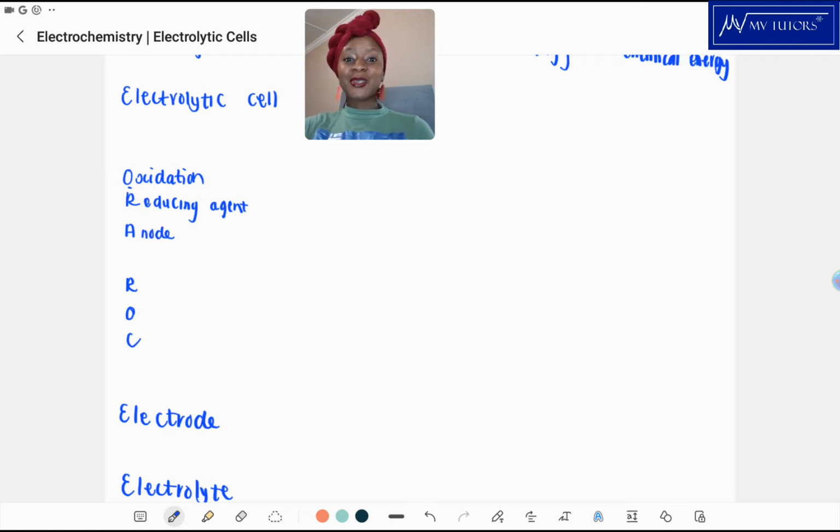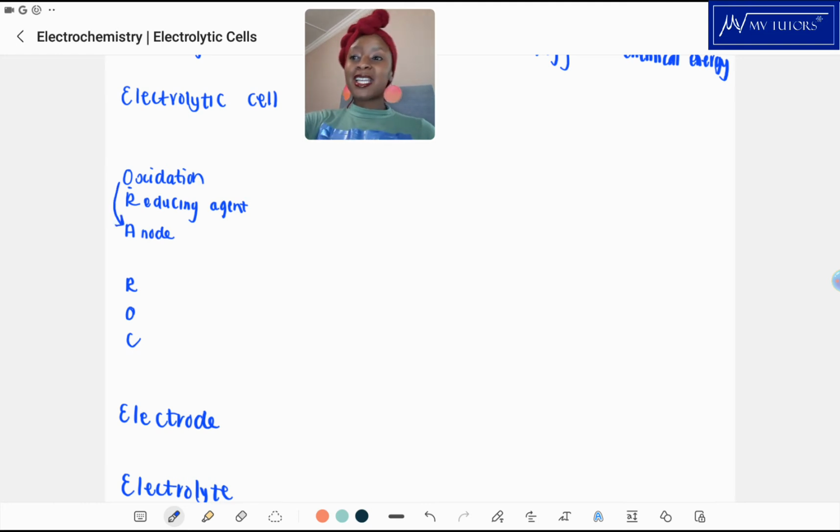So in your electrochemical cell, which is the electrolytic cell in this case, where electrical energy is used to produce chemical energy, oxidation actually occurs at the anode. Whether you're looking at the electrolytic cell or the galvanic cell, at the anode, that is where oxidation occurs. Okay, so please don't forget it. Oxidation occurs at the anode.